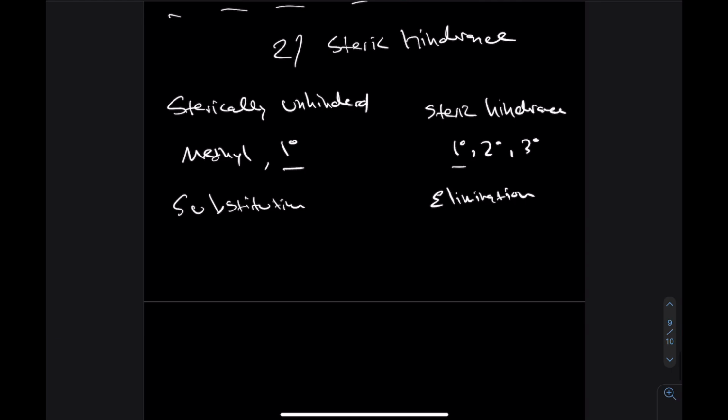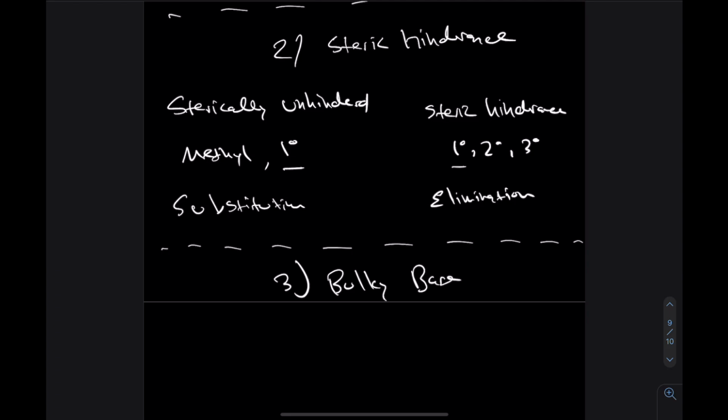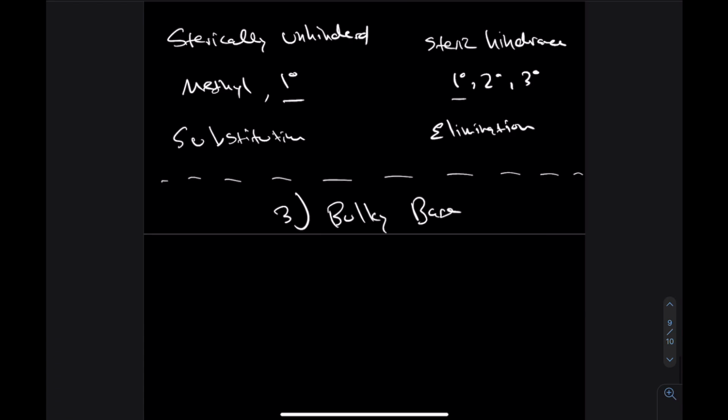All right. And then the third is bulky bases. The sterically unhindered bases are essentially also just nucleophiles. So sterically unhindered bases, what are those?